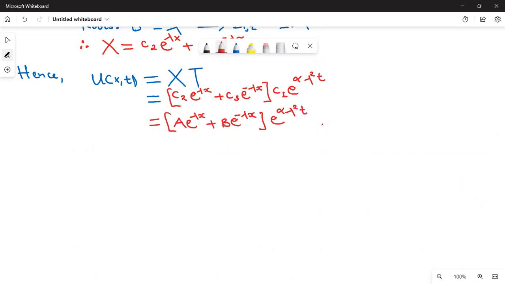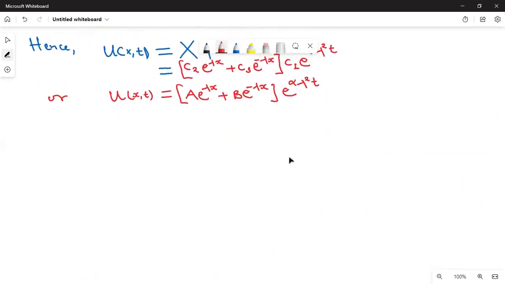That's what we have. You can just say u of x t is equals to this one. So let's apply the first boundary condition, that is at x is equals to 0.